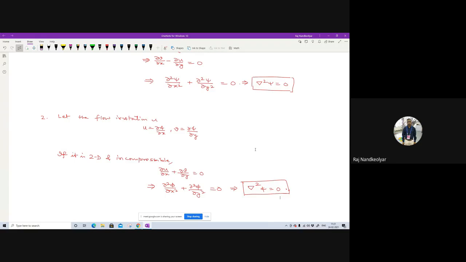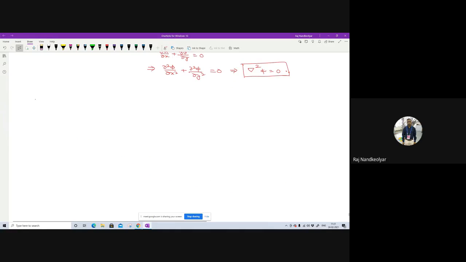Okay, so it means what? Now we can write down here that for a two-dimensional, incompressible, and irrotational flow, phi and psi satisfy Laplace's equation.